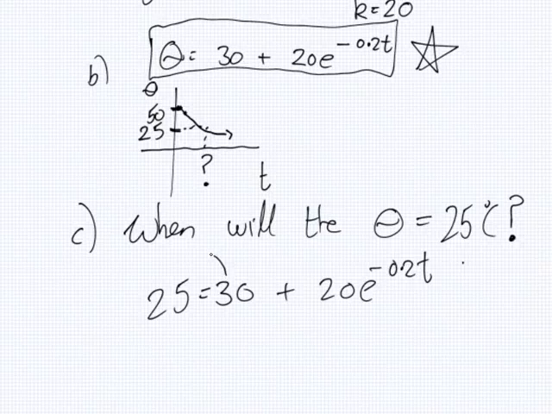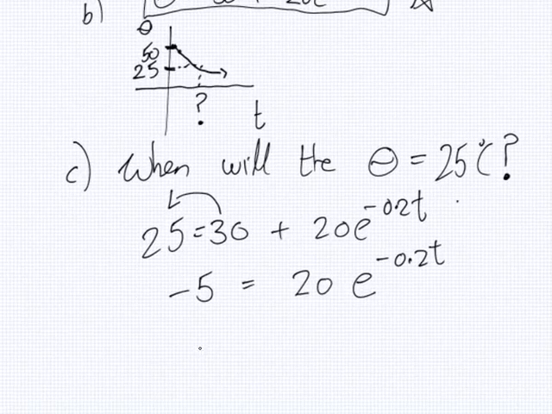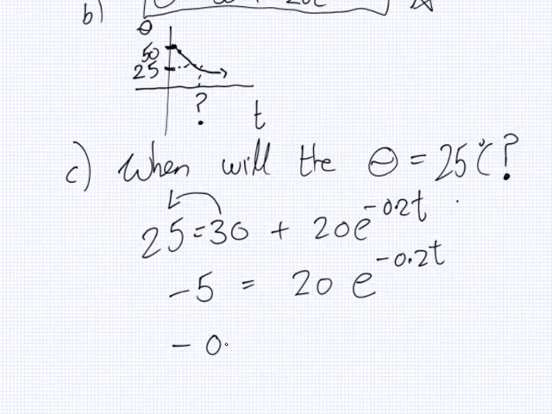Well, I'll bring the 30 over to the left. 25 minus 30 is minus 5. And this equals 20e minus 0.2t. And then you divide, and the answer is 5 over 20, which is 0.25 equals e minus 0.2t.